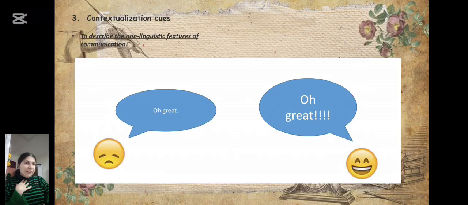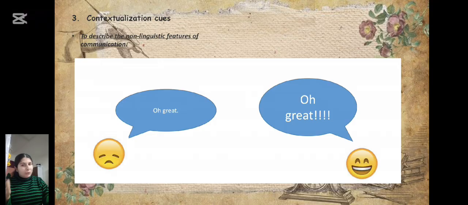Then we have contextualization cues to describe the non-linguistic features of communication. So not everything in communication is about linguistics, about talking. Sometimes it can be our tone as well. For example, here, the two sentences are both "oh, great," but the difference is how we say it. If I say, oh, great, and when I say, oh, great, can you feel the difference?